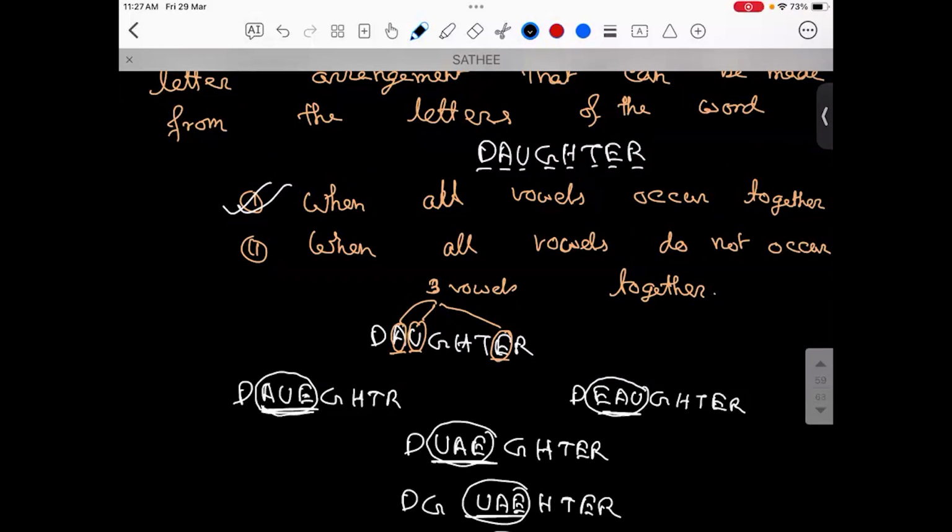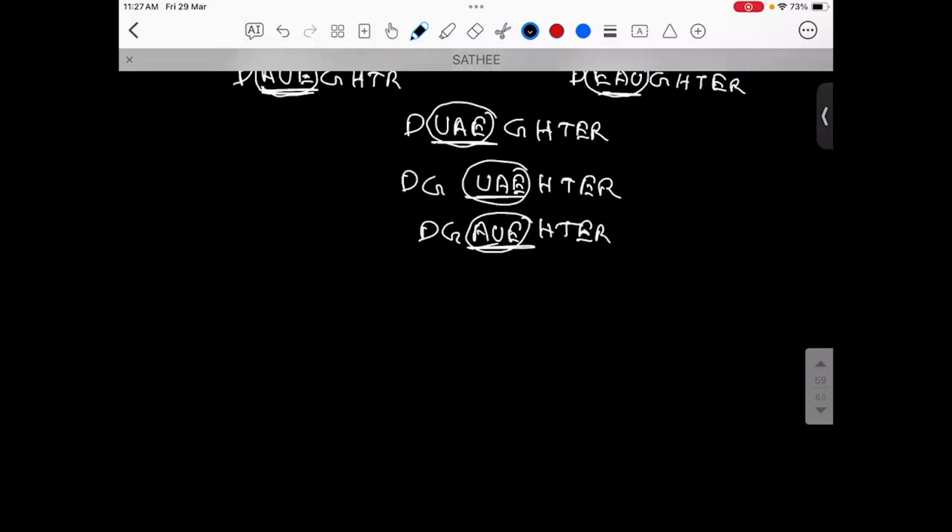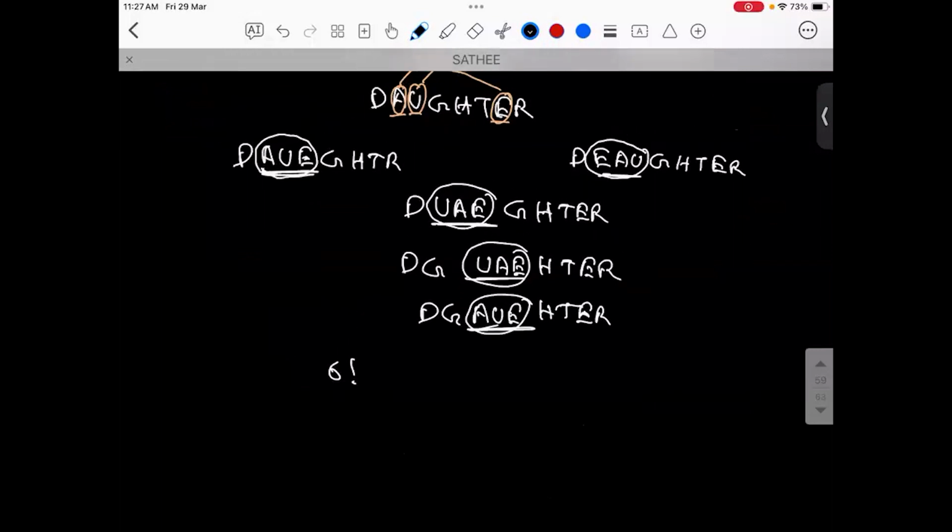Now, how many ways can one write these 6 letters? That will be 6 factorial. Right? Because we are choosing 6 letters at a time from 6 letters. So this will be 6 factorial. Fine. Now, for each choice of this 6 factorial, we are getting 3 factorial extra cases. Why?